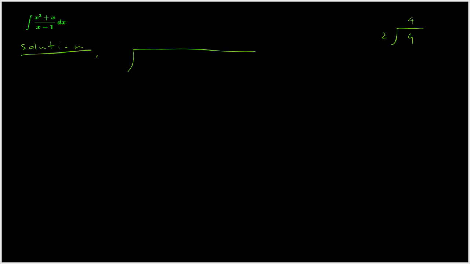Then you multiply 2 and 4, you have 8, and then you subtract 8 from 9, you have 1. After getting a remainder which is smaller than the divisor, you're done.